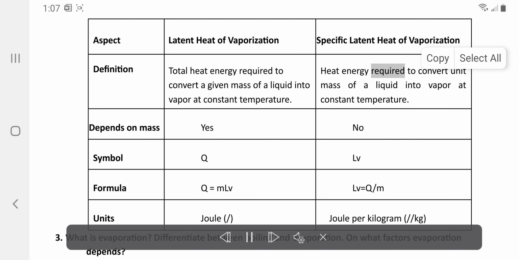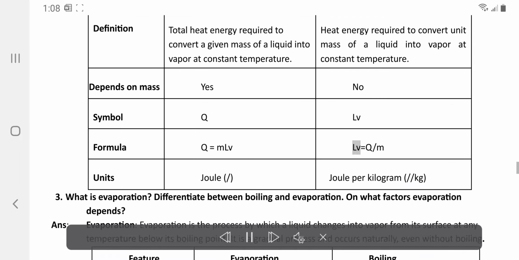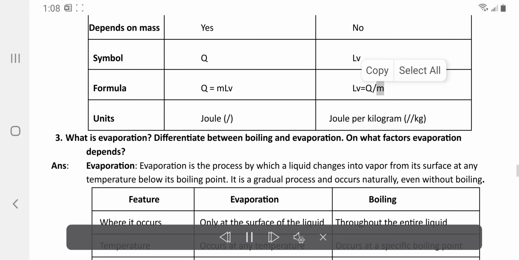Heat energy required to convert unit mass of a liquid into vapor at constant temperature. Depends on mass: yes. No. Symbol: Q. Lv. Formula: Q equals mLv. Lv equals Q/m. Units: joule, J. Joule per kilogram, J/kg.